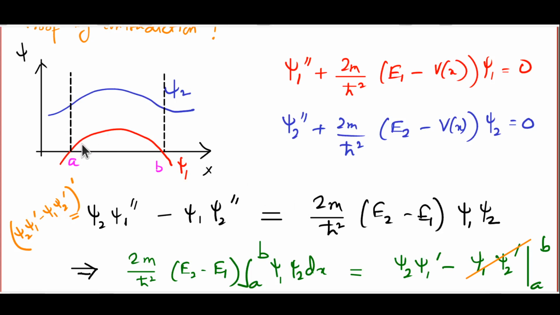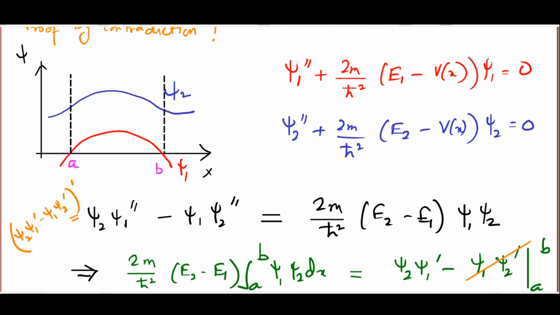According to my picture, psi1 is an increasing function at A and a decreasing function at B. What that means is psi1 prime is positive at A, negative at B. So this thing that we are evaluating is actually negative at B, and from that we have to subtract its value at A, which is positive. Hence, the right hand side is definitely negative.